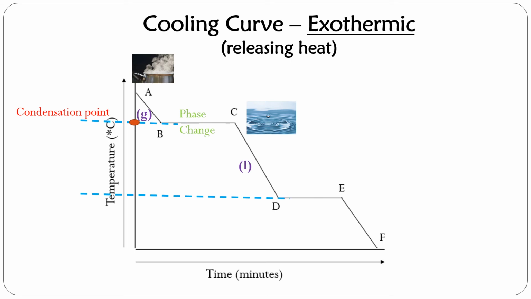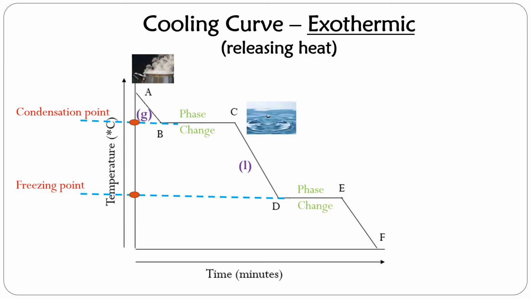As soon as we hit point D, that specific temperature will be the freezing point of water. And that will be the point when this liquid water will start freezing and convert into the solid form, which will be the ice. So between point D and E, liquid water will take its sweet time to convert into the solid form or the ice.